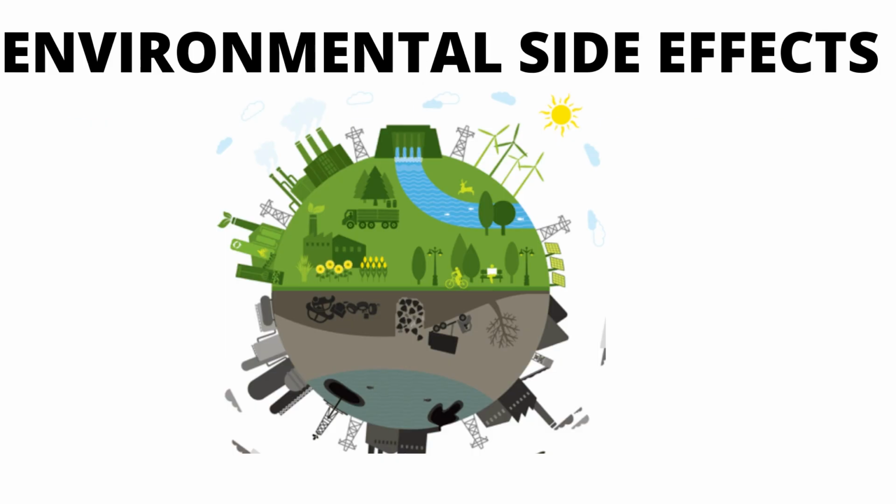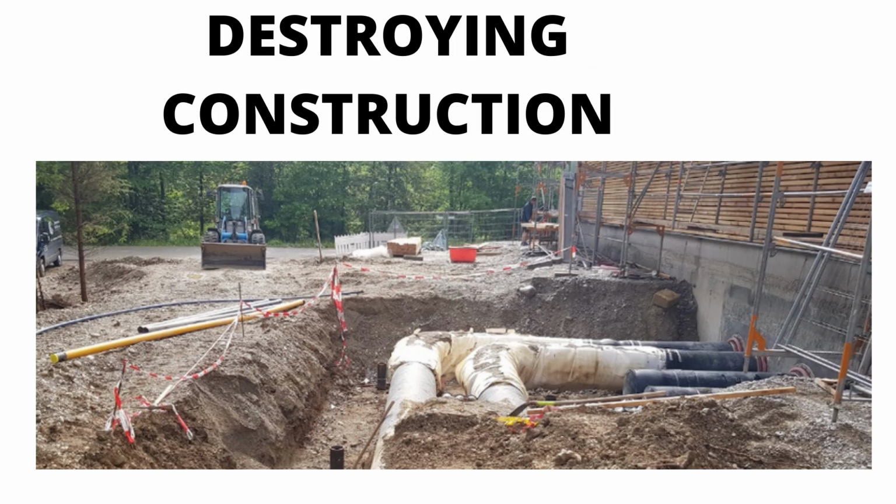Another environmental side effect is that although geothermal does not release greenhouse gases, it does release some gases that are stored in the Earth's surface and are released into the atmosphere when digging, such as hydrogen sulfide. These gases are natural and so their emissions are much lower than that associated with fossil fuels. And finally, geothermal plants can also destroy roads and bridges, pipelines, and maybe drainage systems.